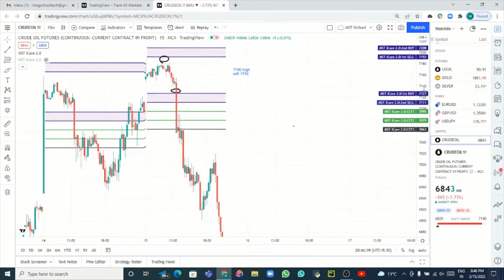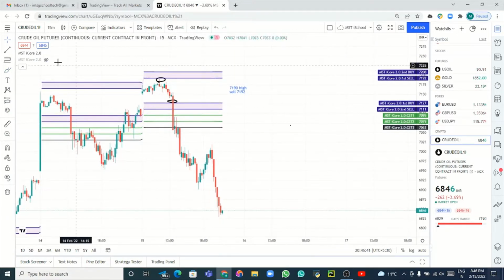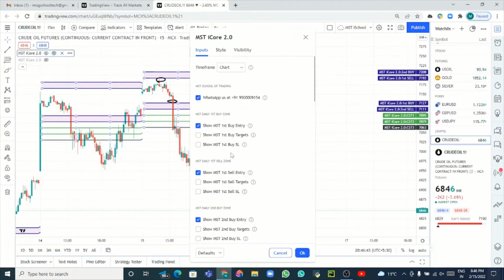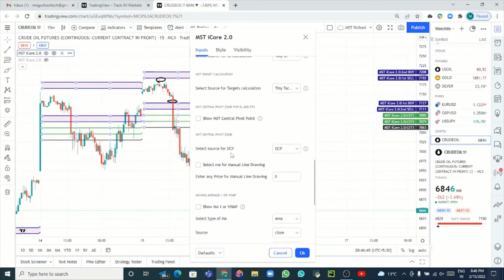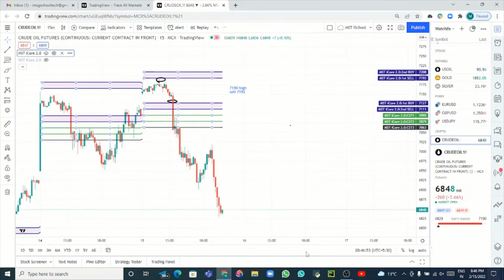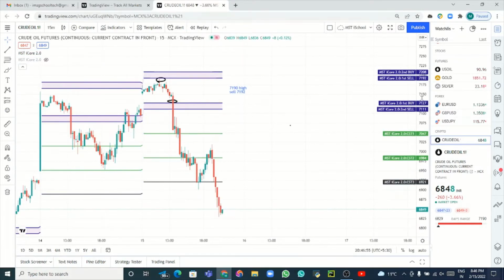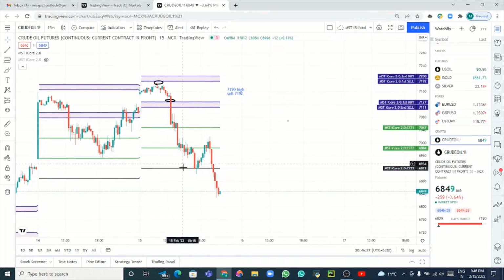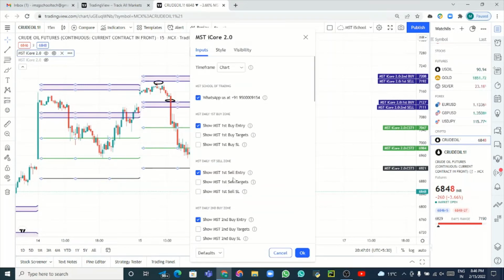So now market is going down. See here. So now we can increase the target size. So we have given small targets, normal targets, big targets, and big 2 targets also. So let us see how many targets it has given. So all the 3 targets have been achieved in the big target in second sell.